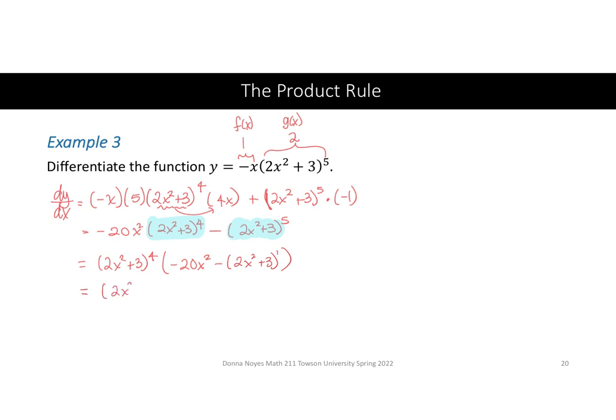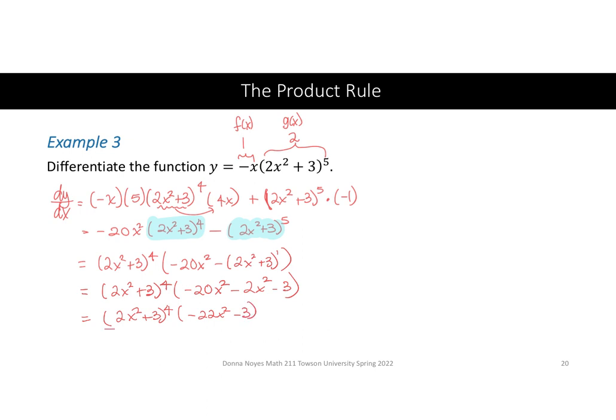We end up with 2x squared plus 3 raised to the fourth times negative 20x squared minus 2x squared minus 3, which will give us 2x squared plus 3 raised to the fourth times negative 22x squared minus 3.